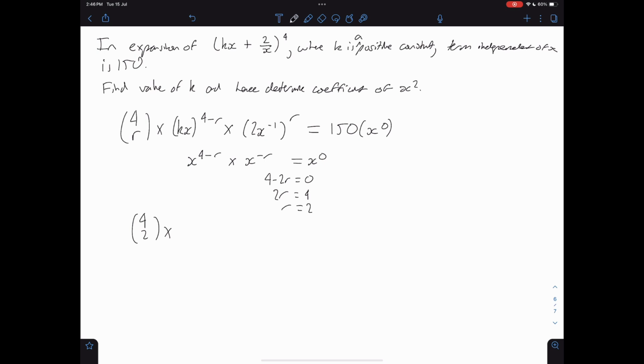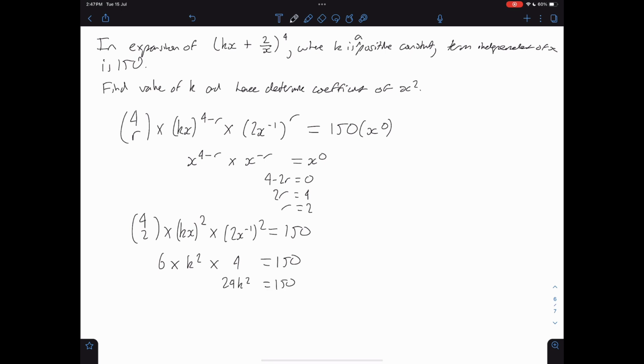So 4 choose 2 times (kx)^2 times (2x^(-1))^2 equals 150. Then we get 6, multiplied by k squared times 4, equal to 150, because we know the x's are going to cancel out anyway.